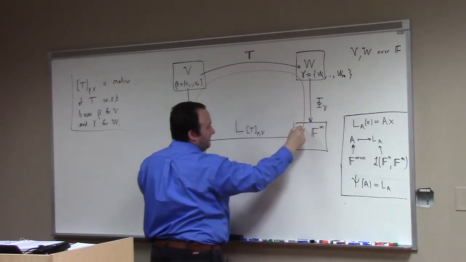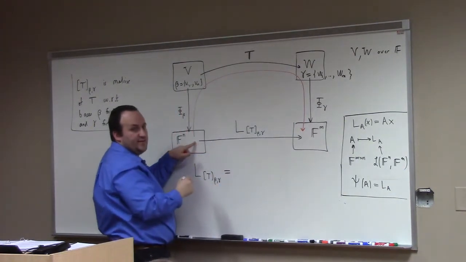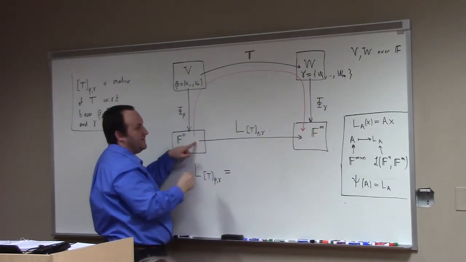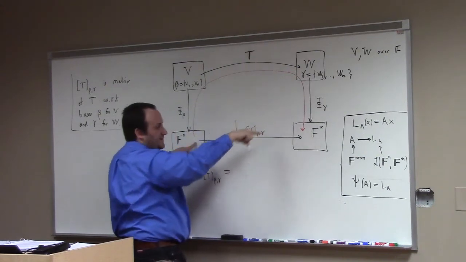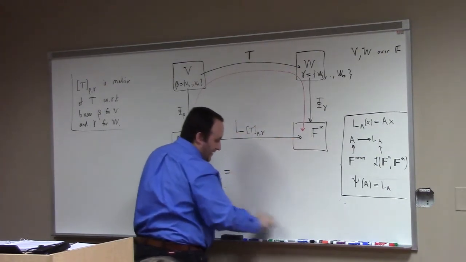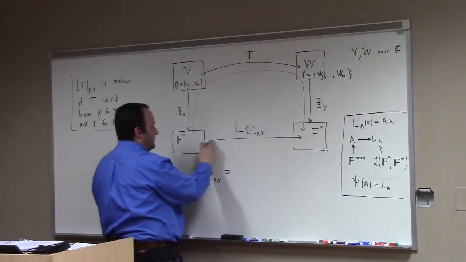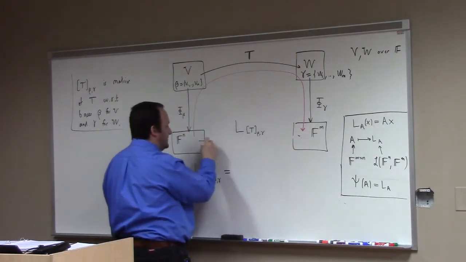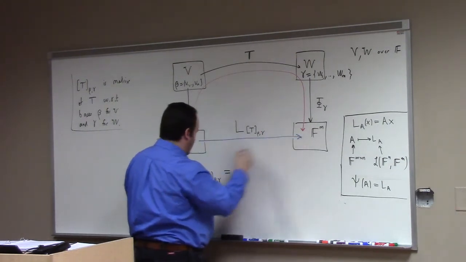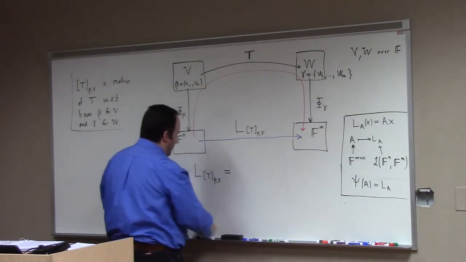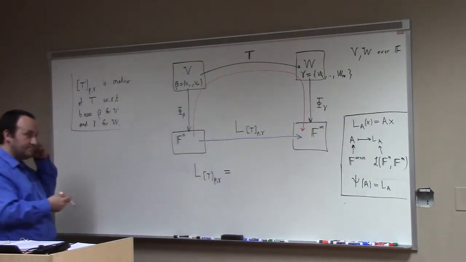So this diagram is a commuting diagram. This red path should be the same as the lower blue path. And that's really another way of stating the definition for that matrix, if you will.